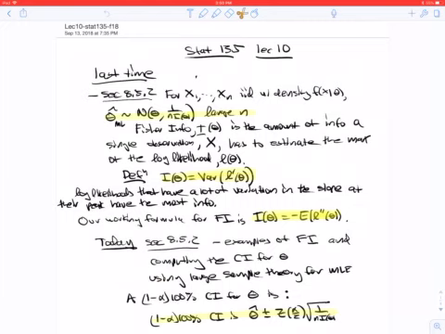And we saw last time that it makes sense to define the Fisher information as the variance of the score function. The score function is the derivative with respect to theta of the log likelihood function. And large Fisher information corresponds to large variance.